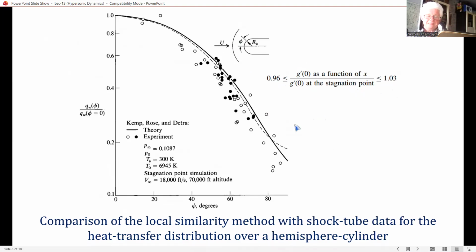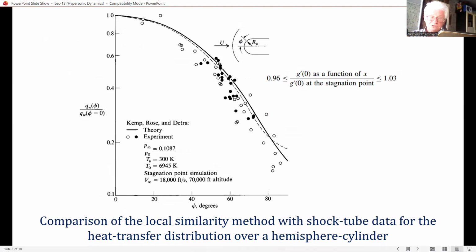That is, the enthalpy gradient at the wall is essentially the same at all points around the body. And then the strong variation of q with angle psi shown in this figure is caused by the variation of h, rho, and u in the equation.